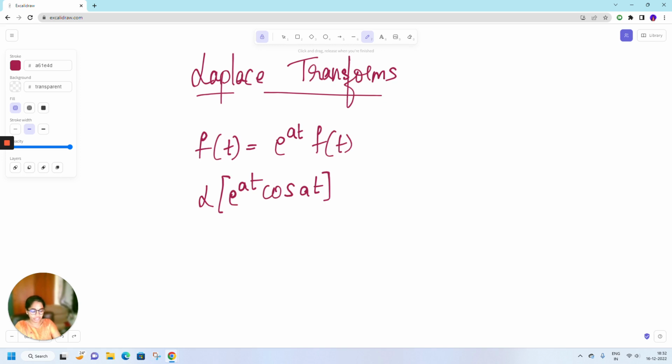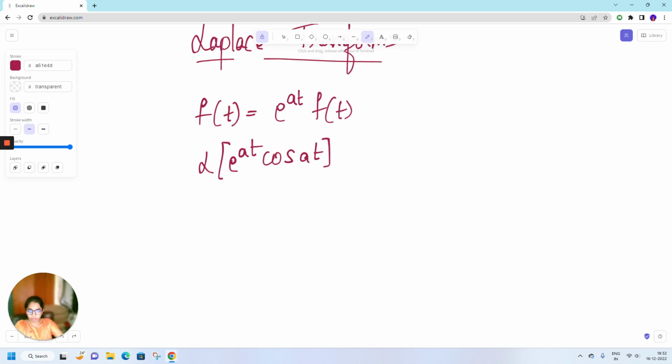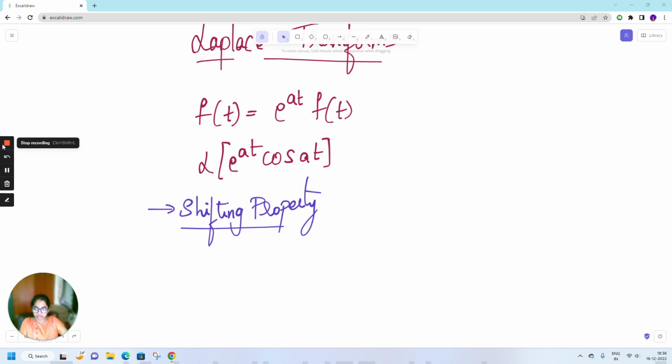Now for this we have a property named shifting property. We use shifting property to solve this. What is the shifting property? Firstly, let us recall.